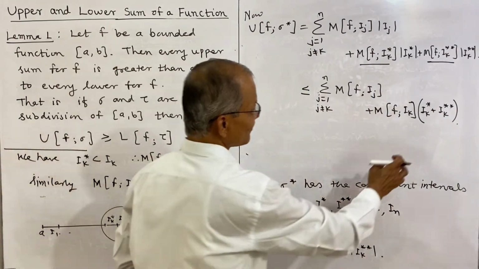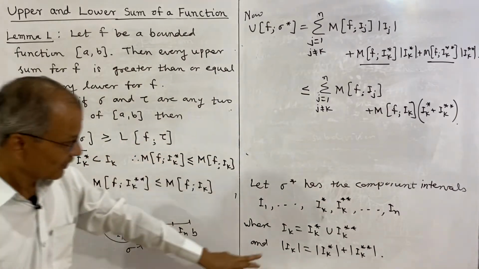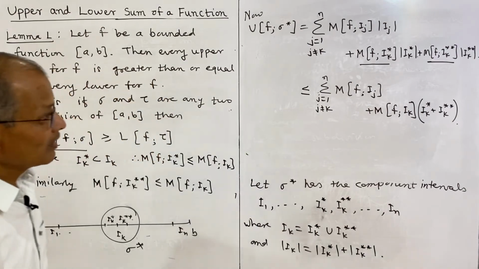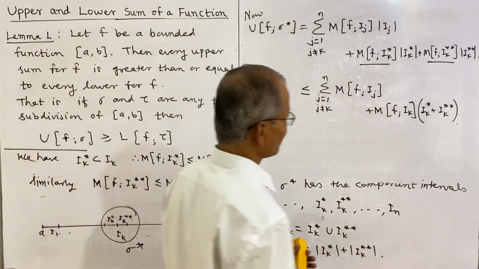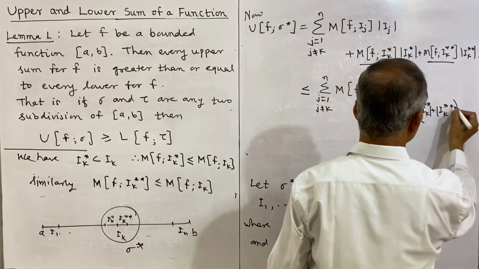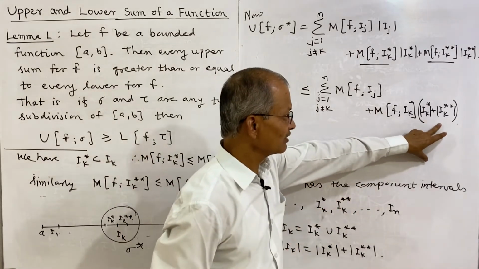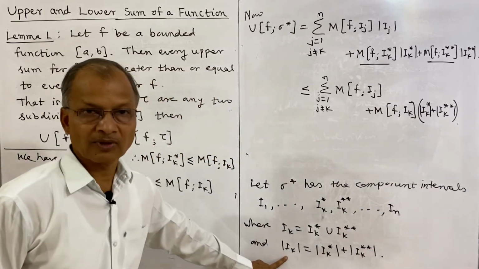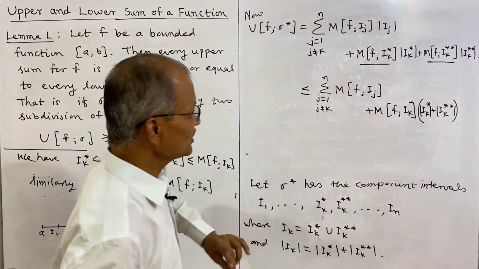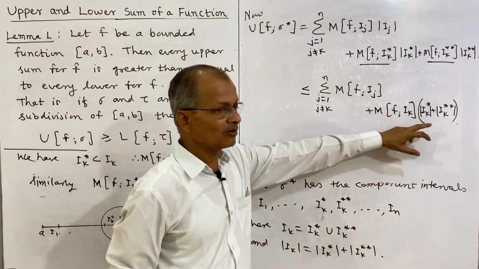And what is this? This is the same as Ik. We should write the length of Ik star plus the length of Ik double star. And what is the length of Ik star plus the length of Ik double star? That is the length of Ik, and therefore this becomes equal to the maximum value of f on Ik into length of Ik.